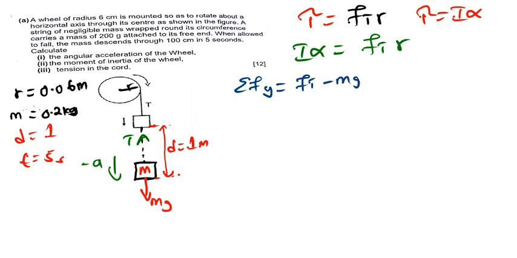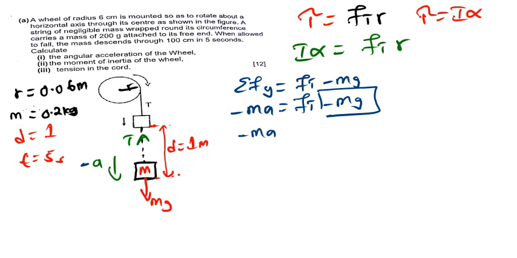Now, according to Newton's second law, this is going to be replaced by mass times acceleration. But in this case, acceleration is negative, so I have to say negative ma is equal to the tension force minus mg. I have to shift this to the left hand side, so it's going to be negative ma plus mg is equal to the tension force.